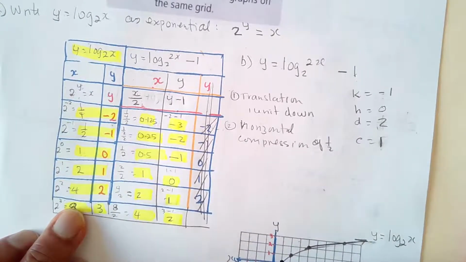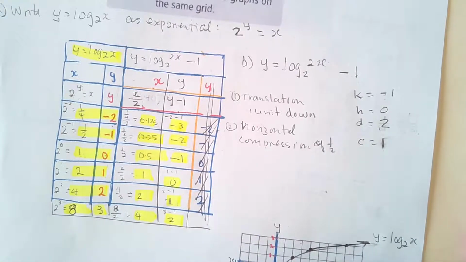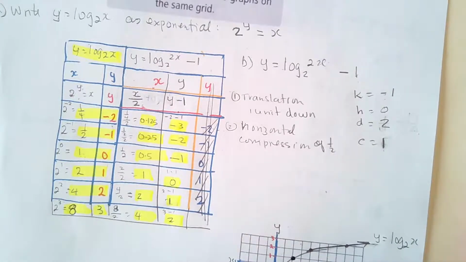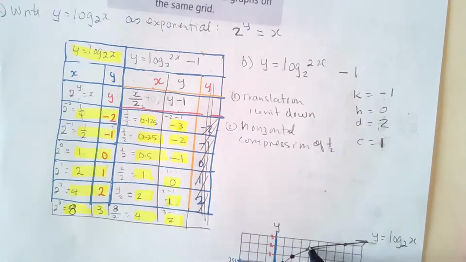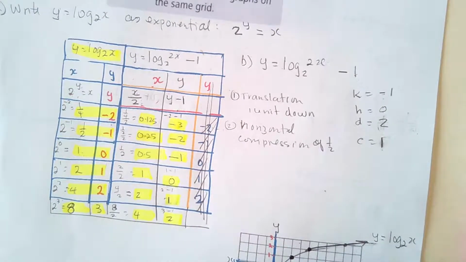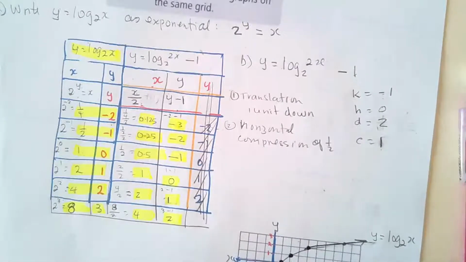So right here. 2, 1. And 4, 2. So the graph shifted slightly, but not a lot.